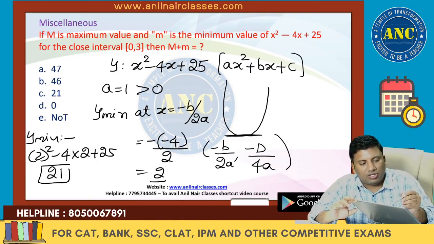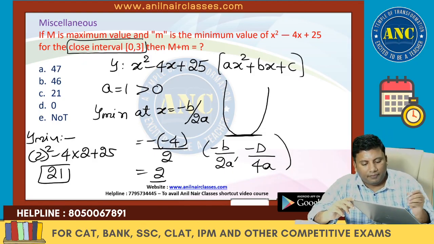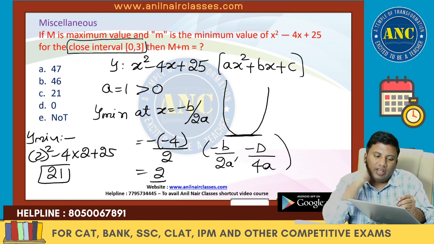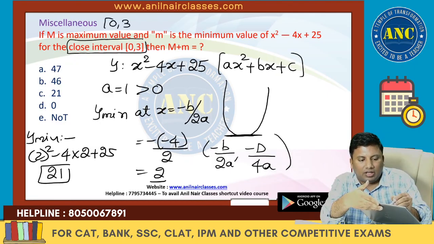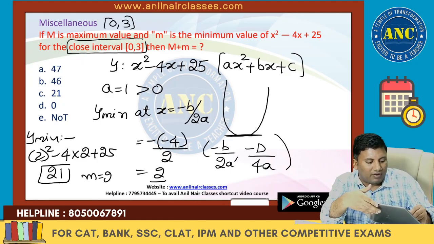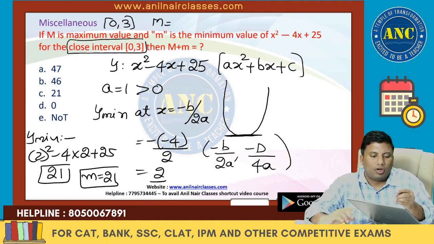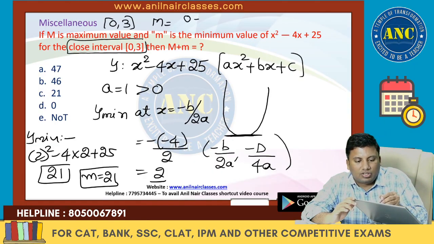Now there is a closed interval given, 0 comma 3. So y minimum is 21. For y maximum, there is an interval of 0 comma 3. We got small m as 21, and we require capital M. Substitute 0 and 3: at 0 it is 25, and at 3 it is 9 minus 12 plus 25.